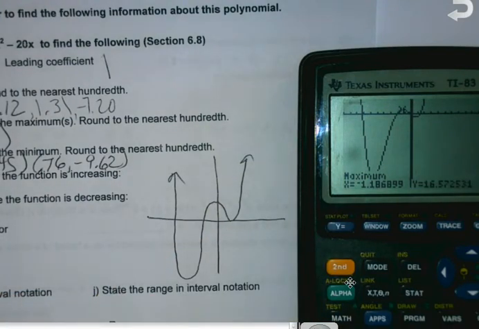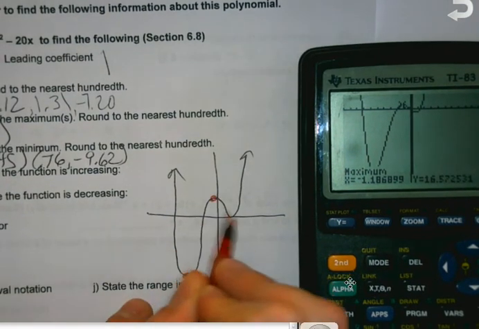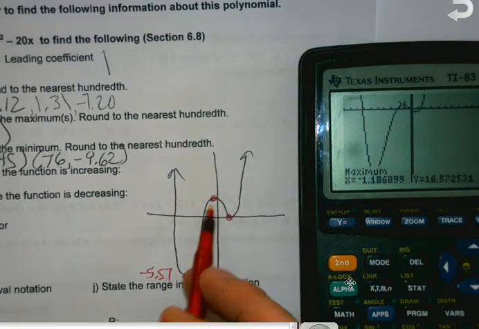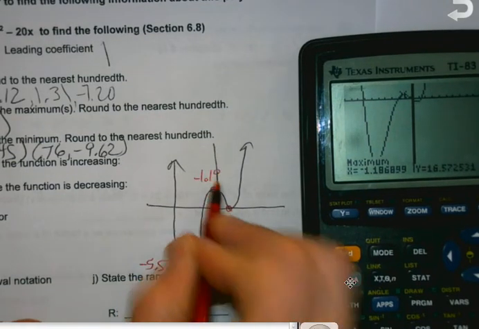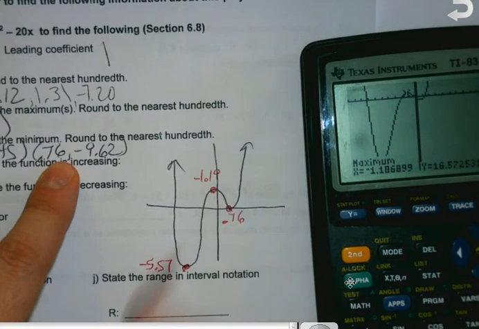The reason I want to draw this is for two reasons, actually. I want to label where my maxes and mins are, just the x value. So my first minimum, the x value is at negative 5.57. My maximum here was at negative 1.19, and my other min was at 0.76.